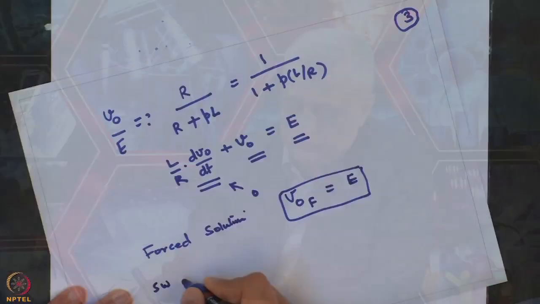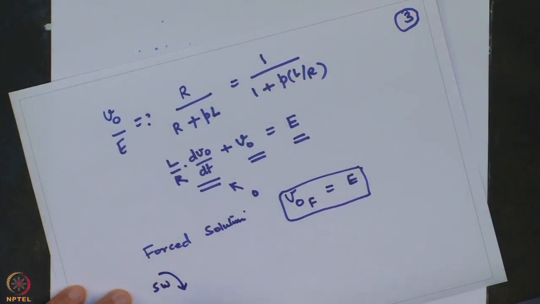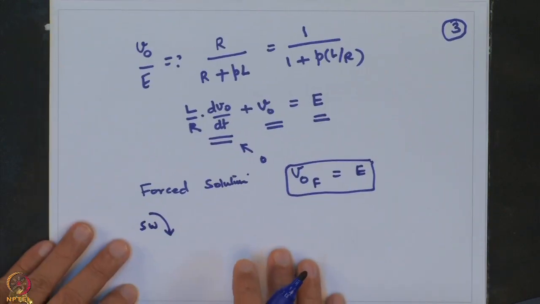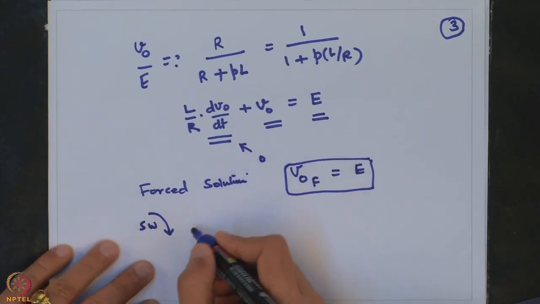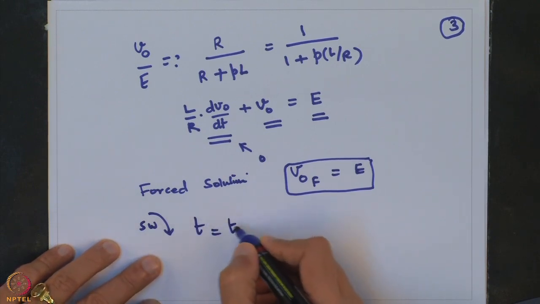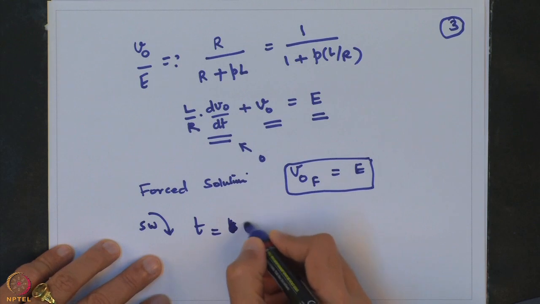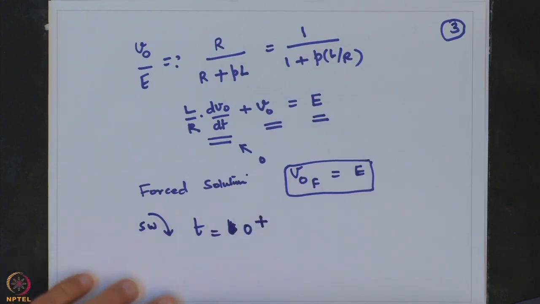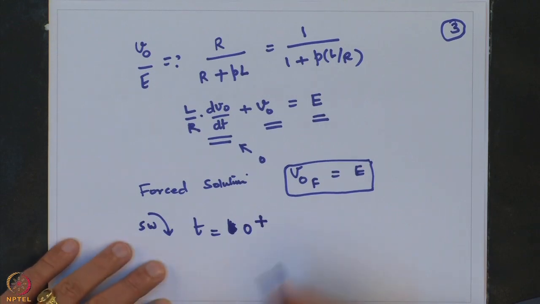Okay. Now, the question is that when the switch was closed, immediately after that, let us say at some time t equal to 0 plus, what would be the current in the system?